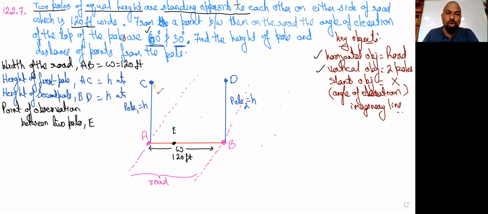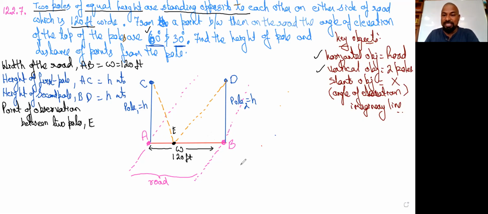So let's draw the imaginary path as a dotted line, to make it clear that it is not a ladder or a fixed object. It's just a path, a line passing through the eye of the observer, the line of sight.